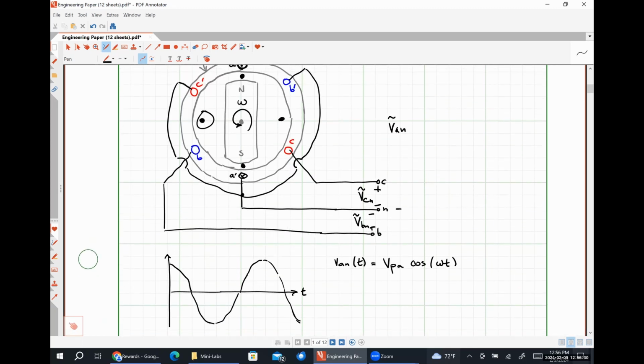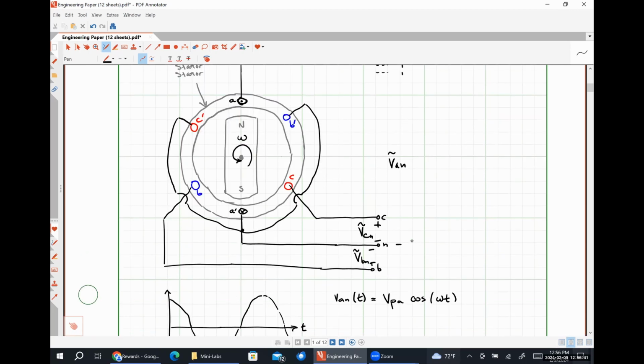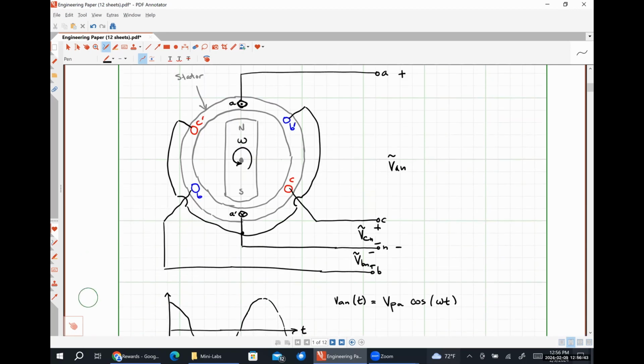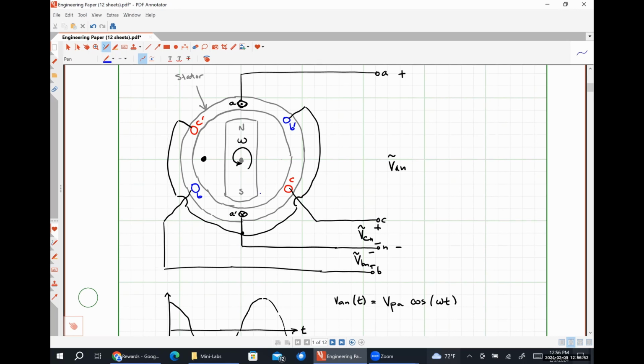Now, the B phase is physically 120 degrees around the circle of the rotor away. We can see from how I've drawn this thing spinning that if the A phase is at its maximum here, the B phase is going to be at its maximum about right here, which is later than the A phase, right?